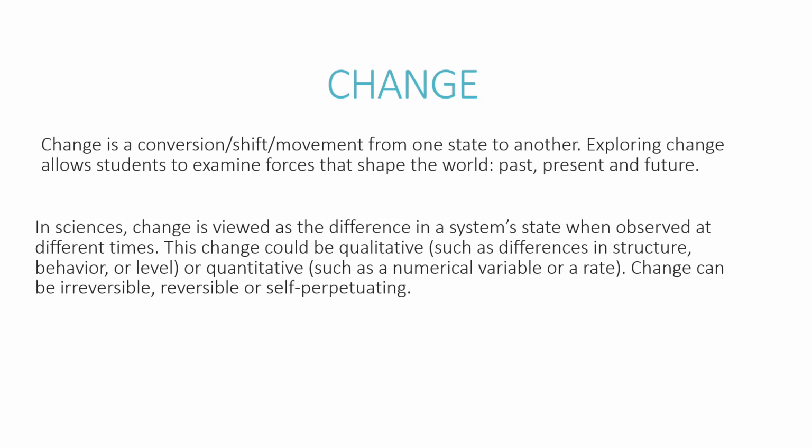In the context of this unit, the system that we have is the Rio Tinto River. Changes that you can see in a system such as Rio Tinto can be qualitative or it can be quantitative. Changes can also be irreversible, reversible, or self-perpetuating.